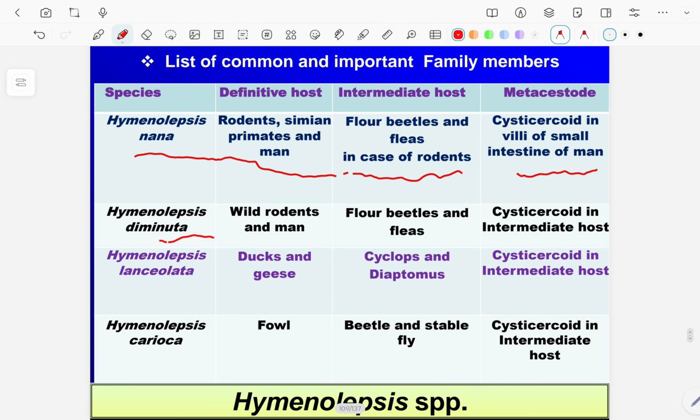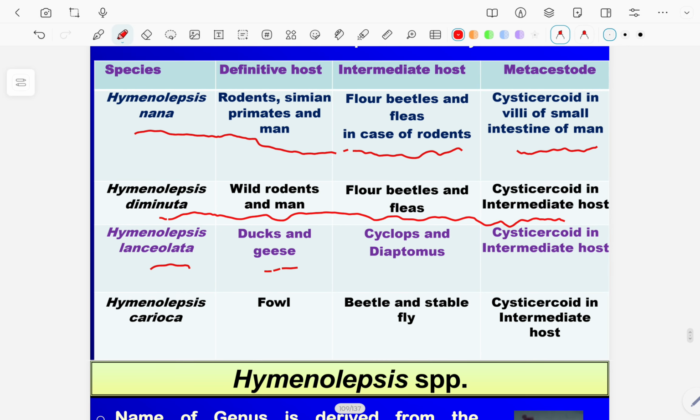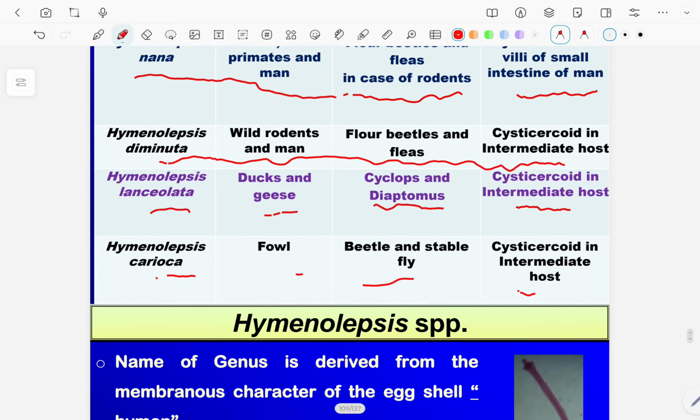Hymenolepis diminuta: wild rodent and man; flour beetle and flea, cysticercoid in intermediate host. Hymenolepis lanceolata: ducks and geese; Cyclops and Diaptomus, cysticercoid in intermediate host. Hymenolepis carioca: fowl; beetle and stable fly, cysticercoid in intermediate host.